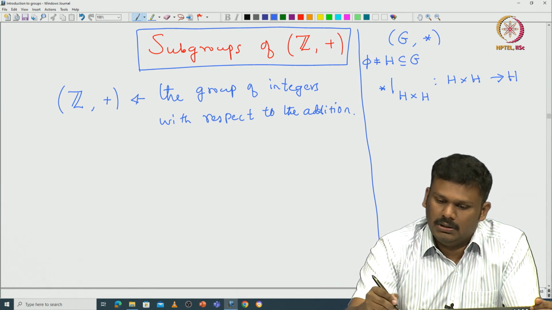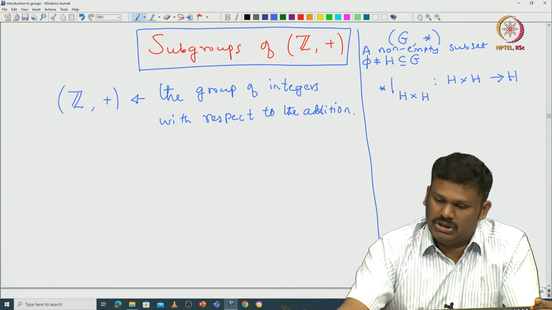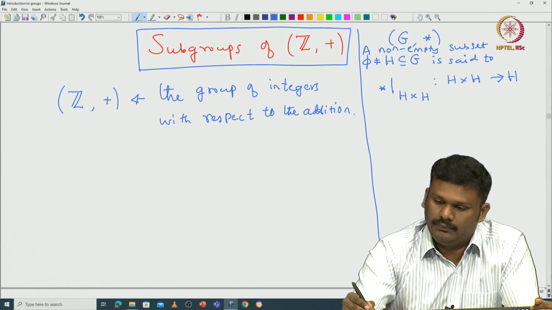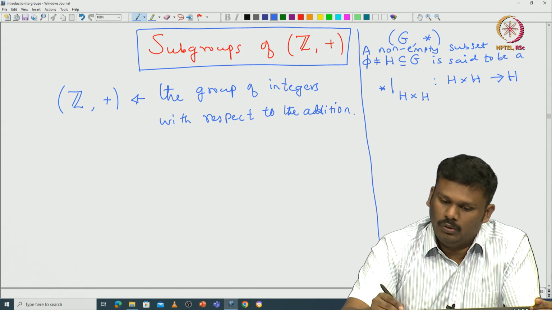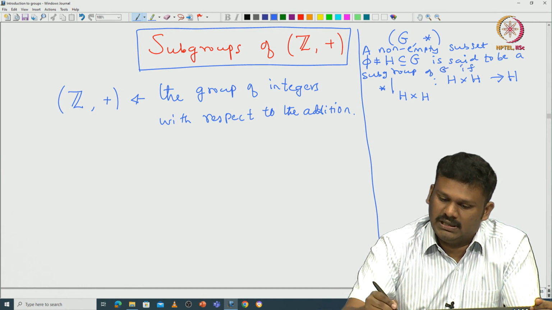A non-empty subset H of G is said to be a subgroup of G if the following conditions are satisfied.